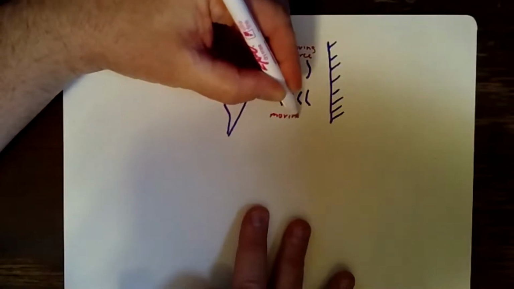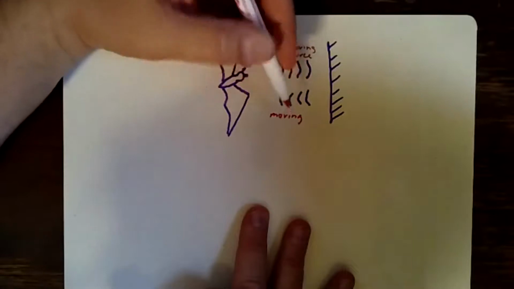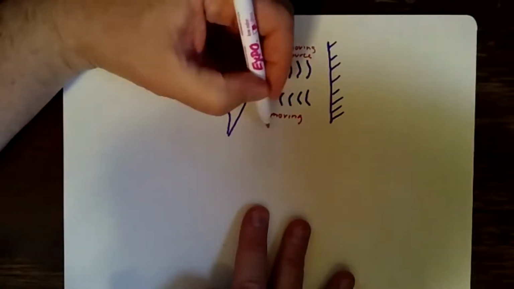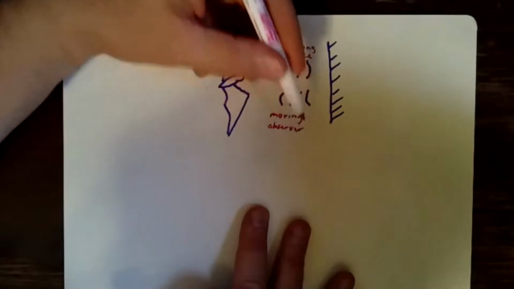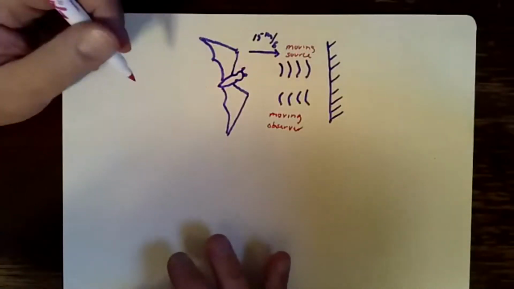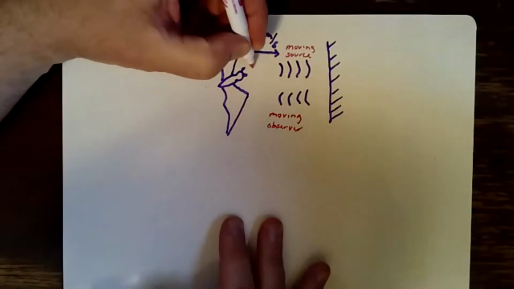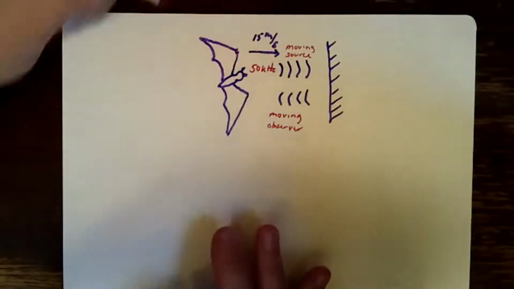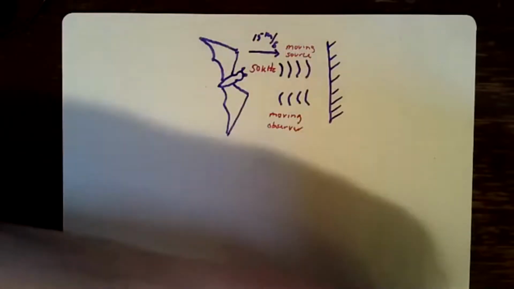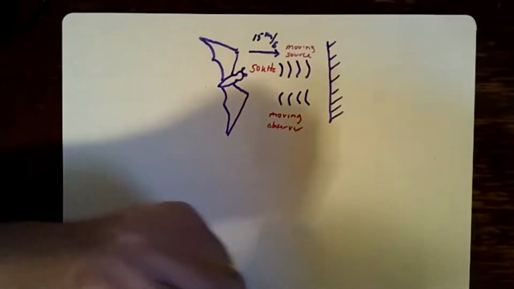So I call this the double Doppler. 2 Doppler shifts. So what's that going to look like? What does the bat hear? So we'll assume that, again, we're talking about 50 kilohertz. And then that way we can compare this answer to the one we get. So the double Doppler is going to look like this.